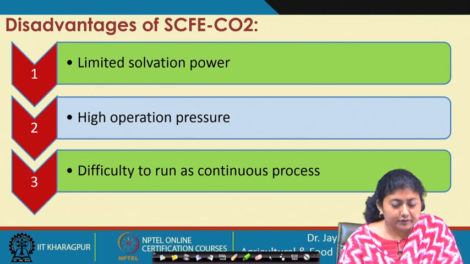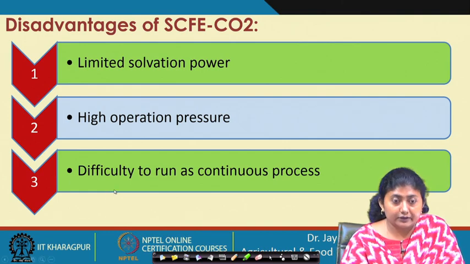But still, even as a batch process this is an efficient one, although the initial cost is more. If we can run it on a continuous basis and for a long run, we can get very good advantage from supercritical fluid extraction.